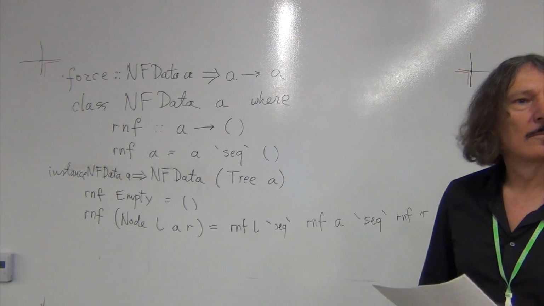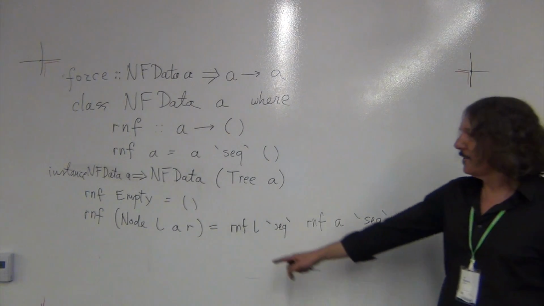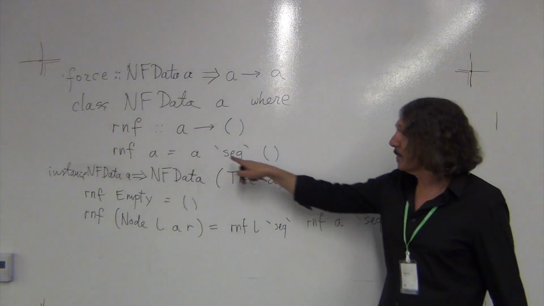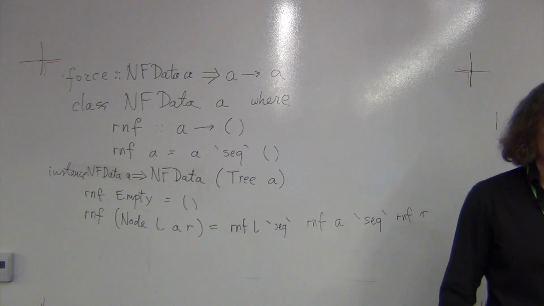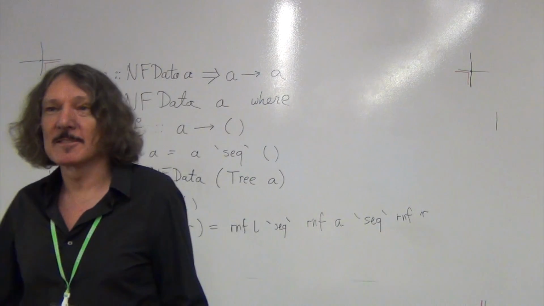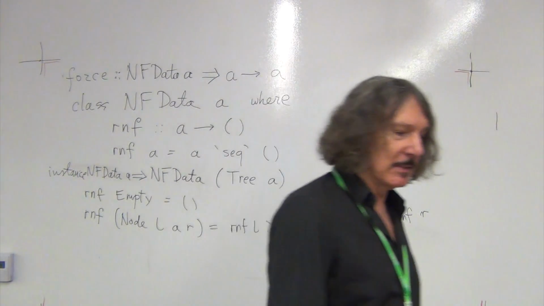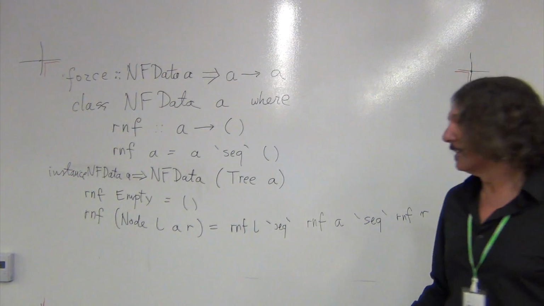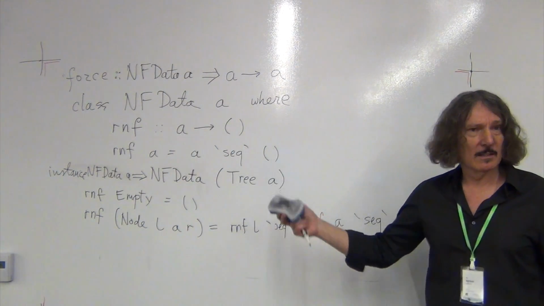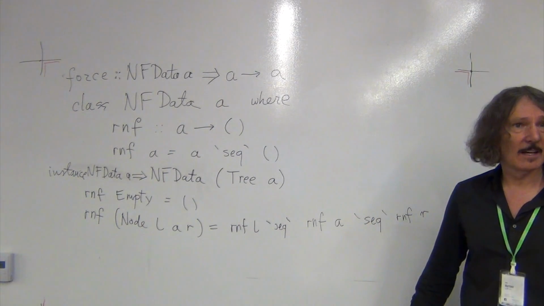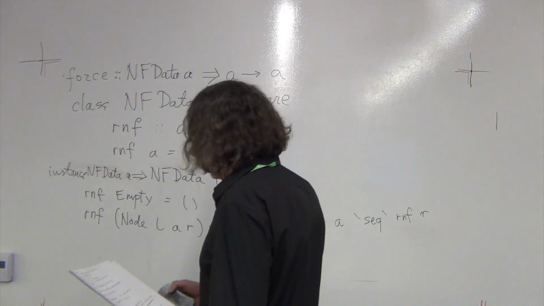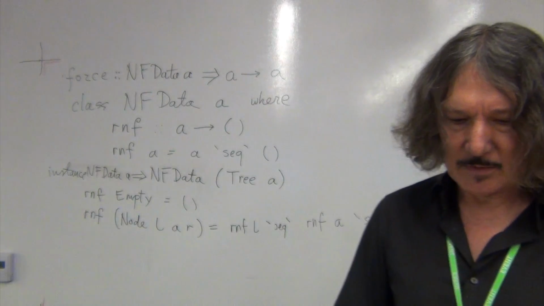Well, it's a different RNF. If A were, let's say, an integer, then for A we would use the default implementation. But it doesn't have to be. It could be another tree or list or something. So we would use RNF for list, which is separately defined in the instance for list. Most basic data structures are actually included in the file that defines NF data. So it has implementations for lists, pairs, and so on. So you don't have to re-implement everything.